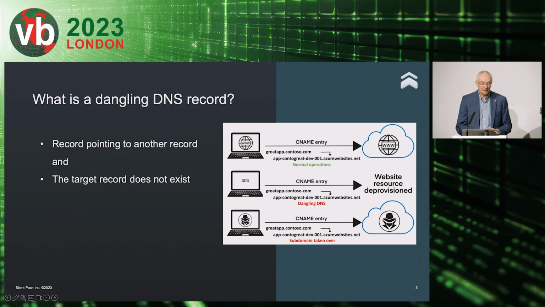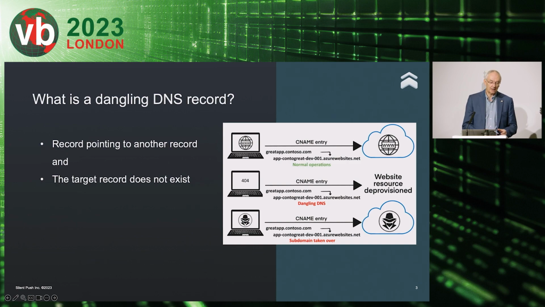That's why I think a lot of dangling DNS records are not really considered a huge problem: they're just ignored because they're not normally active, resolution doesn't complete, and it looks like there is no actual risk. But the hidden risk is that the target record could actually come back alive for some reason, and we'll see a number of different reasons later on for how we might bring back these target records.